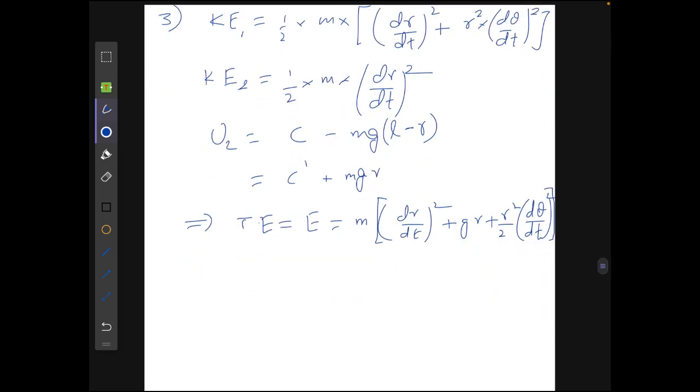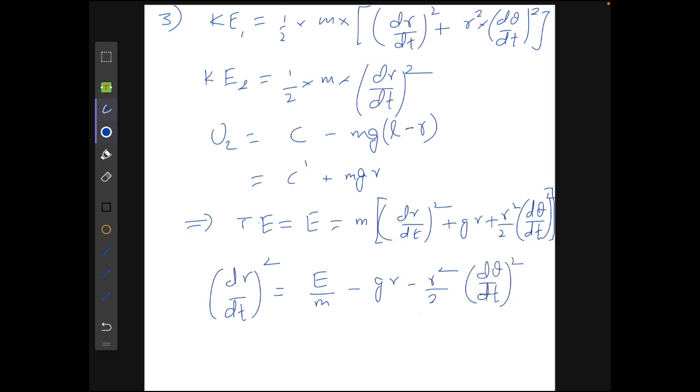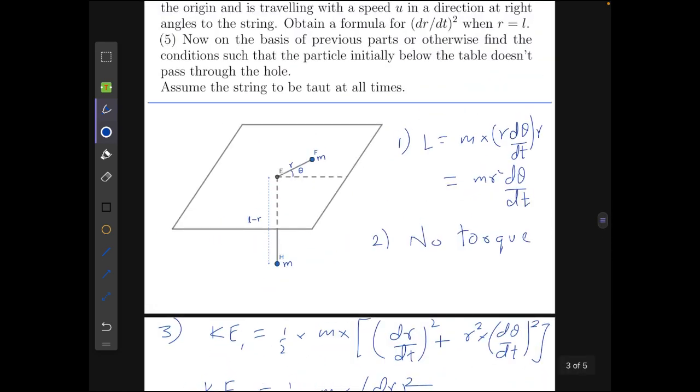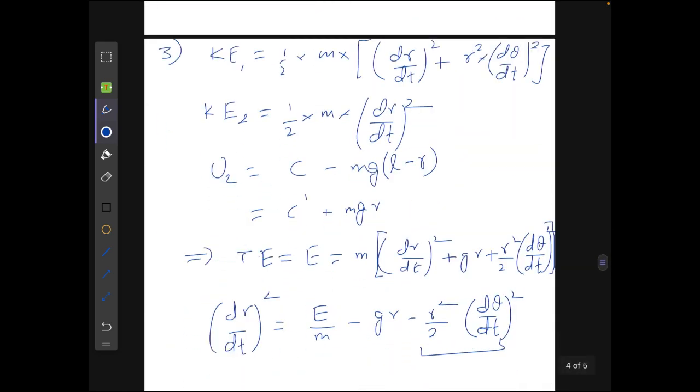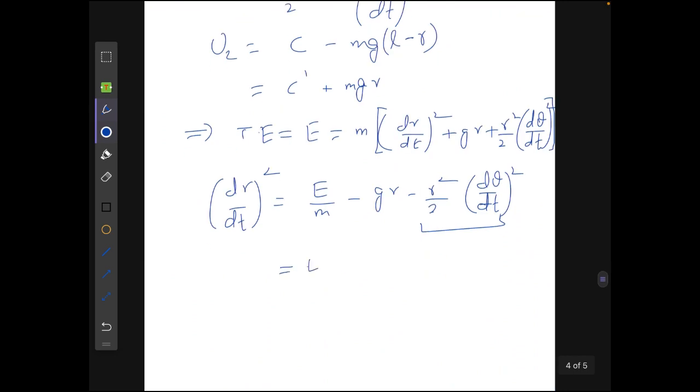So from here dr by dt whole squared equals E by m minus gr minus r squared by 2 times d theta by dt whole squared. And the third term here can also be written in terms of L, the angular momentum, and this can be simplified to E by m minus gr minus L squared by 2m squared r squared.